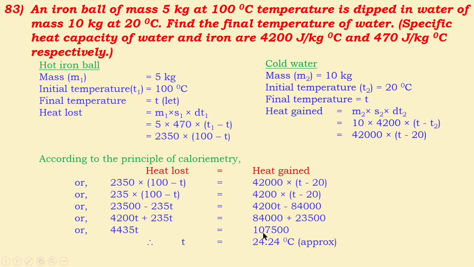And next, if this 107,500 is divided by 4435, then we'll get the final answer. It is 24.24 degrees Celsius. That's why we can write one sentence for our answer, that is, the final temperature is approximately 24.24 degrees Celsius, because after this the third or fourth digit is cancelled or not taken.